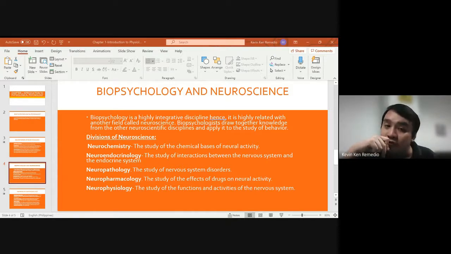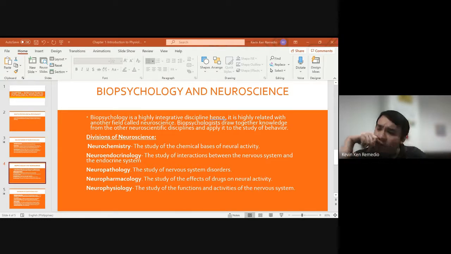Biopsychology and neuroscience. As I said in the first few slides, biopsych or physiopsych is a highly integrative discipline. Pasabot anang integrative, ma-relate nimo. It can be related to other disciplines.